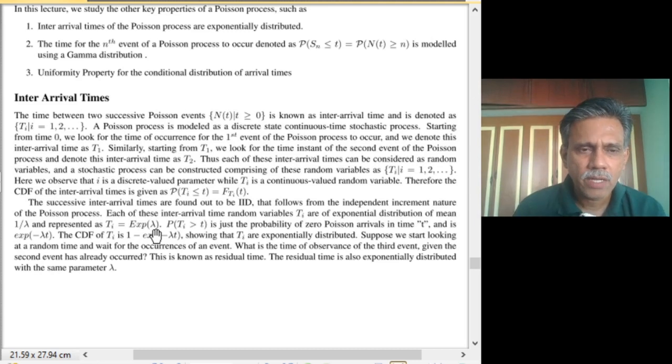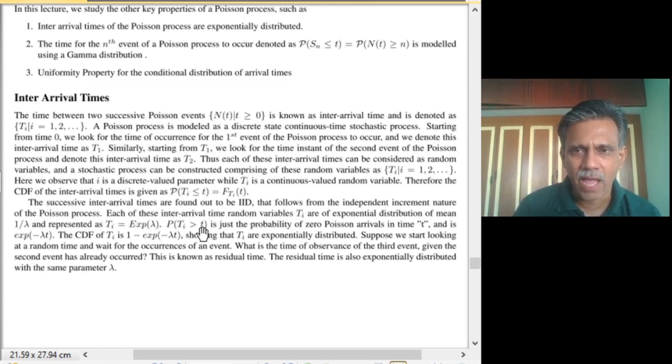How do we show it? Let us look at the CCDF of Ti, that is, the probability that Ti is greater than t. That is the probability that the inter-arrival time has to be greater than t. Between the ith and the (i plus 1)th customer, the time has to be greater than t, which means that no other customer would have arrived, because the ith customer has arrived.